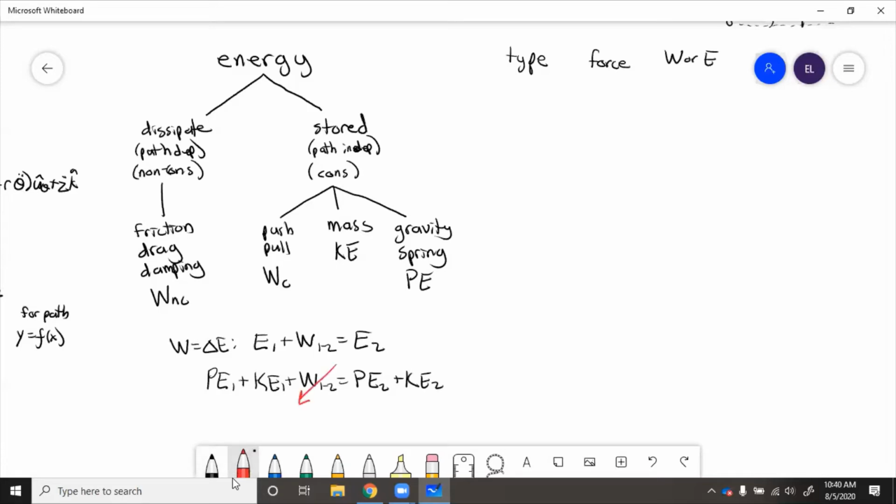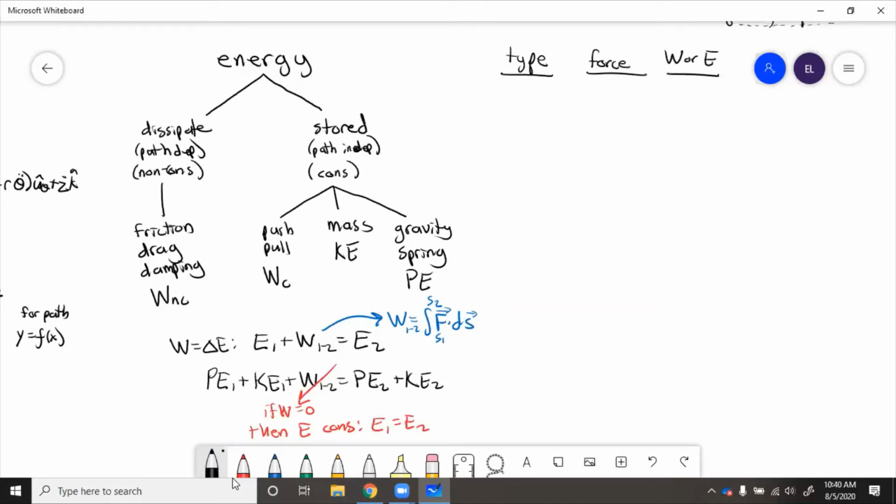Now, if work equals 0, then energy is conserved. And in that case, energy at 1 equals energy at 2. And work equals the integral of F dot ds from S1 to S2. F and S are vectors, so their dot product becomes a scalar.